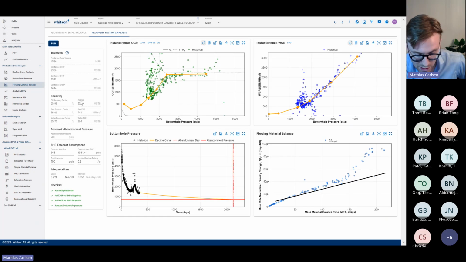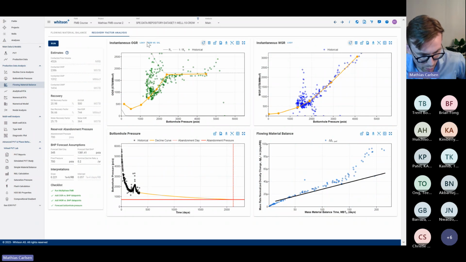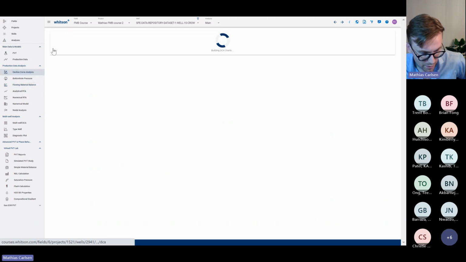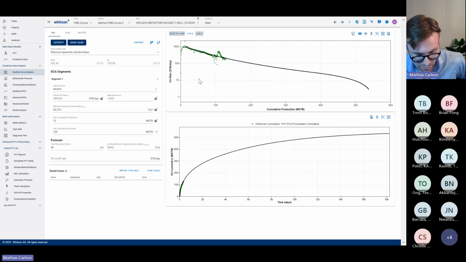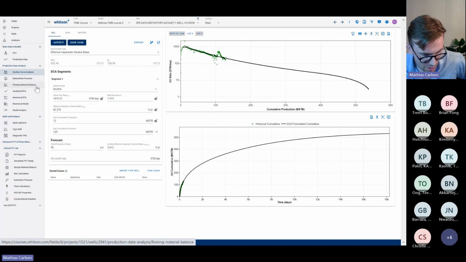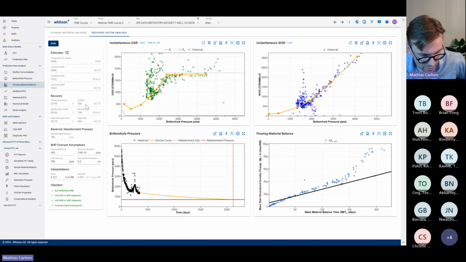And then you get a set of EURs. It looks decent here, I think. The QMGUR in the forecast. And in practice, I would probably run the DCA first, honestly, but a DCA forecast for this guy is at least 532 MSDB. And my recovery factor gave me 500 for this guy.